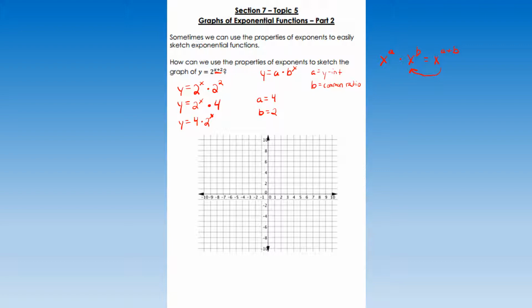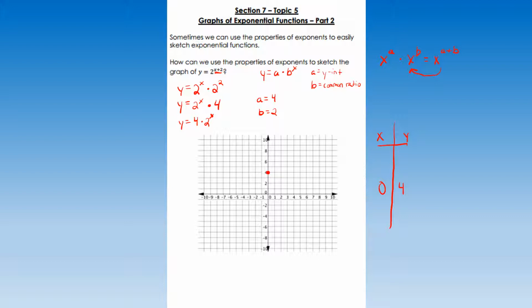So a is 4. A is my y-intercept. So I'm going to go on the y-axis to 4 and put a point. And let's go over here. We're going to make a table for x and y just to come up with an idea of what the behavior of the graph is. So I know that when x is 0, y is 4. That's my y-intercept.